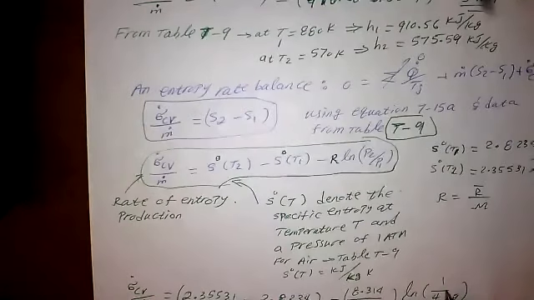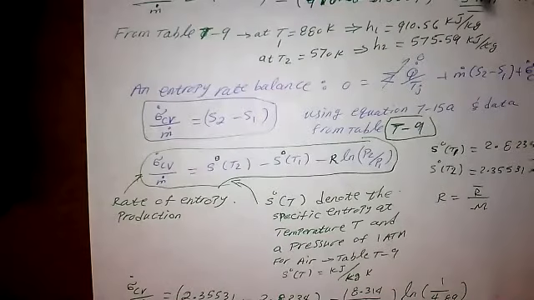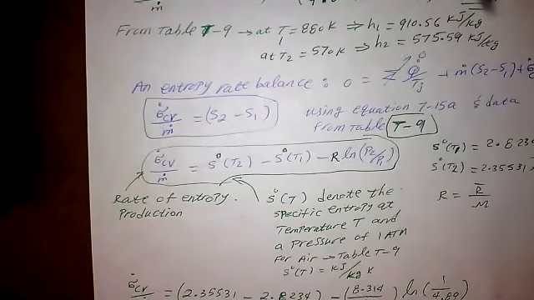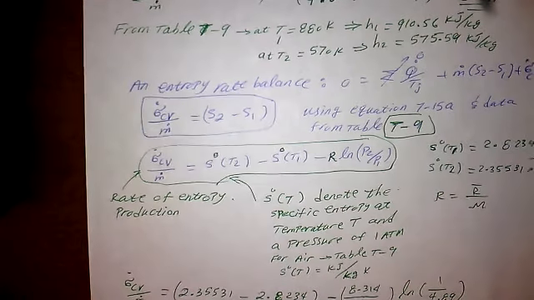This is because the outlet pressure is 1 bar and the inlet pressure is 4.89. So the pressure decreases, and when you go through this math, you end up with approximately zero, almost zero.